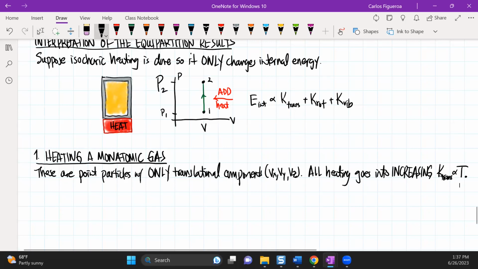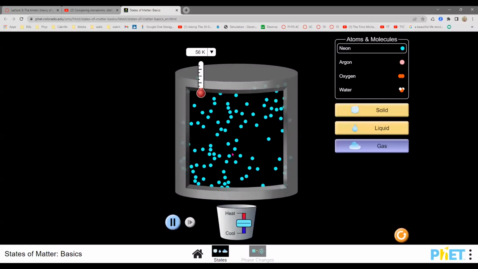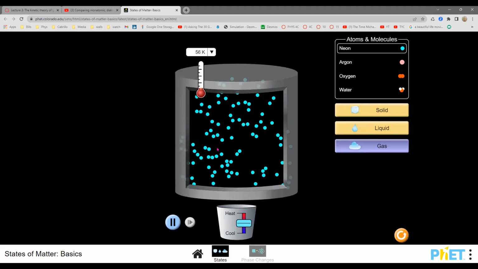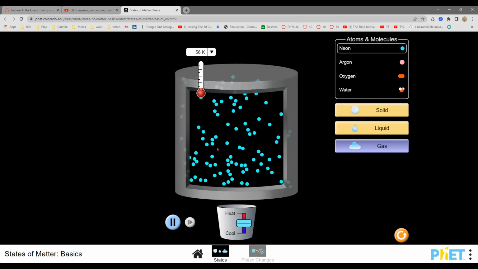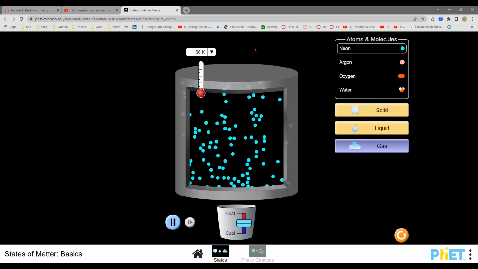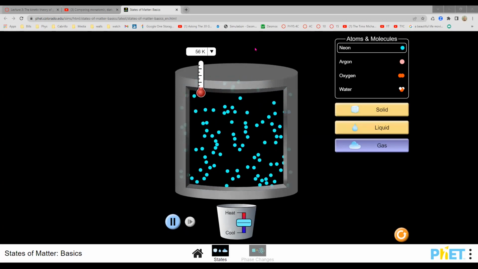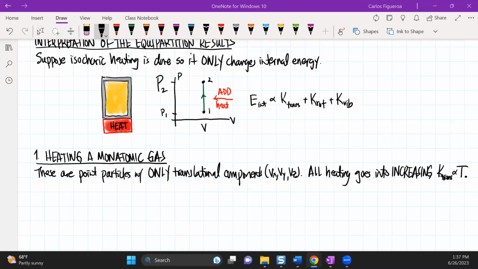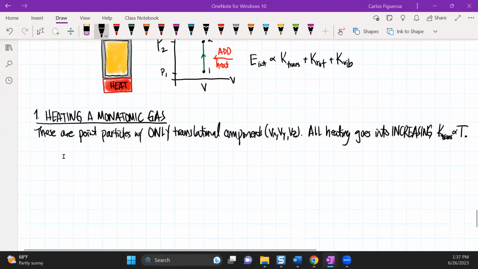So let me share my screen with you. Here's a monatomic gas, and you could see that they only move in translational modes. So I just took an image of this thing. Let's go back to my picture here. Let me transfer the image back.